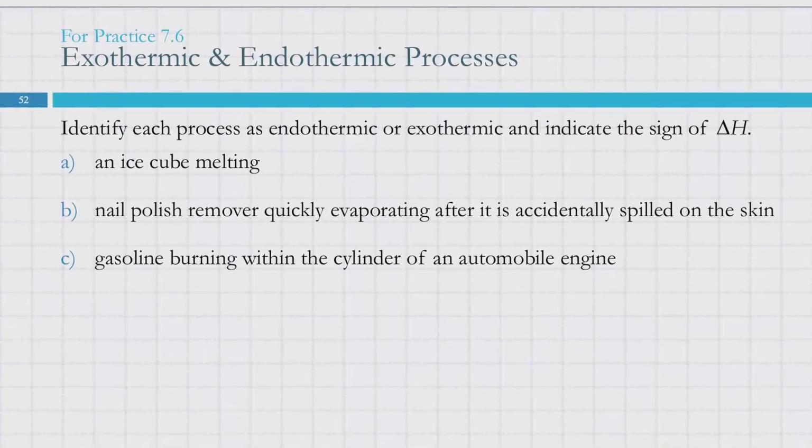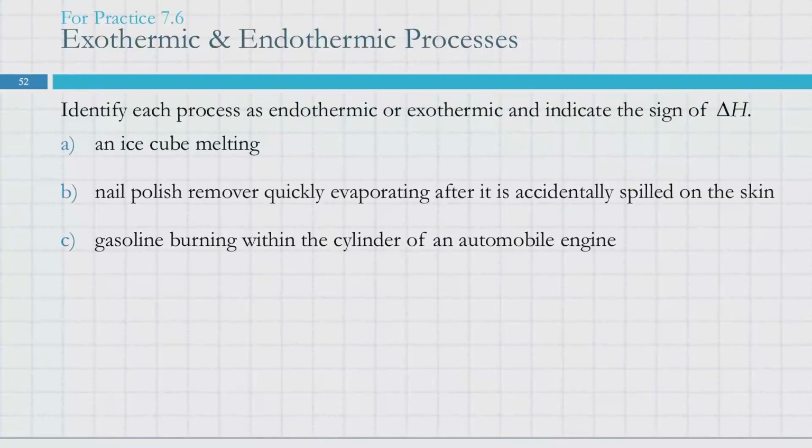All right, each of these processes is either endothermic or exothermic. We also want to indicate the sign of delta H based on whether it's gaining or losing energy. An ice cube melting: is the ice absorbing energy, or is it releasing energy when it melts?